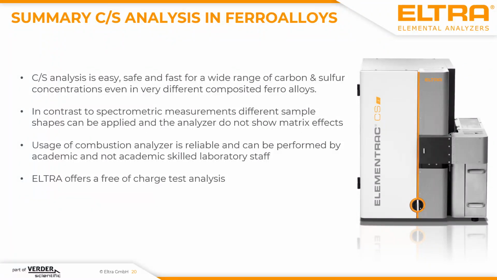In contrast to spectrometric methods, the carbon-sulfur analysis with a combustion analyzer is pretty easy for a lot of alloys which are present in the ferroalloy industry. This is something you always have to consider, that this is a reference technique which is very easy to use. When you would like to get information about your sample, I will show you some more details on the next slide.